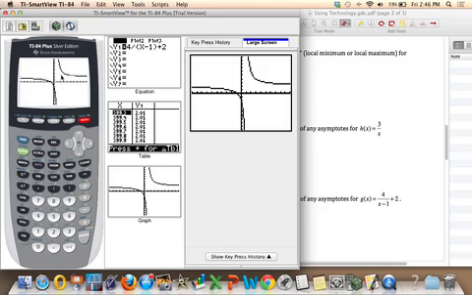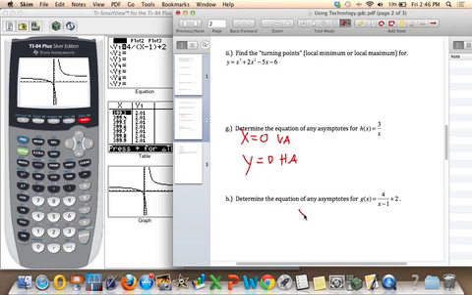And we're seeing that here on the graph, right here at x equals 1. There's our vertical asymptote. So vertical asymptote here, x equals 1. The graph kind of helps us see it, but we can also see that just by looking at the equation.